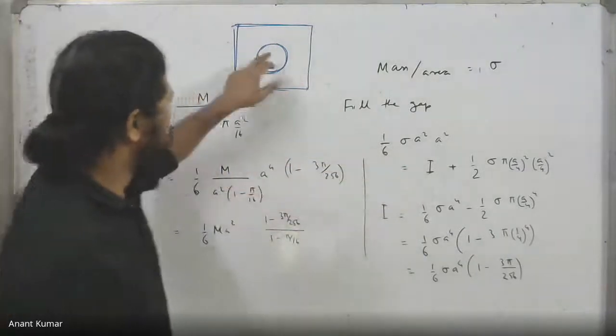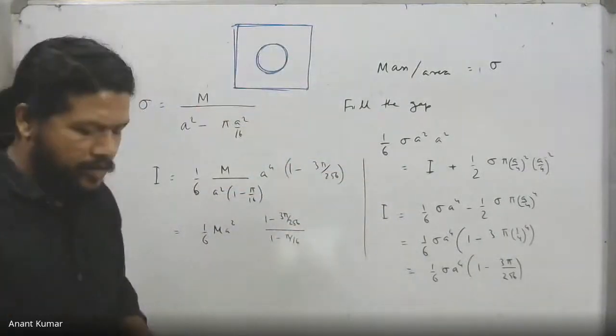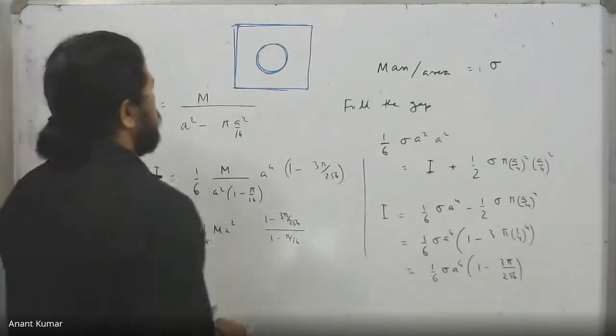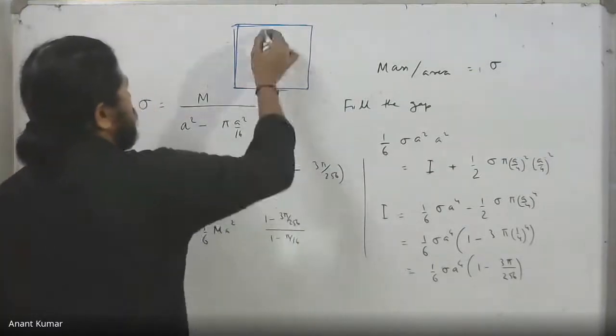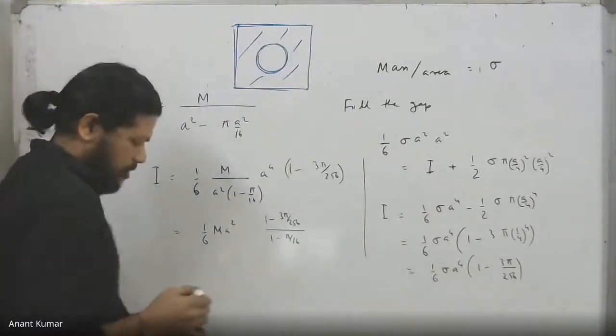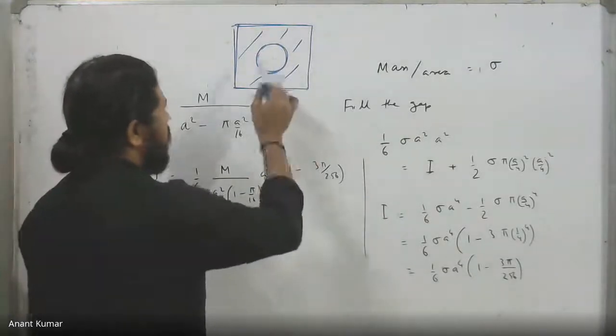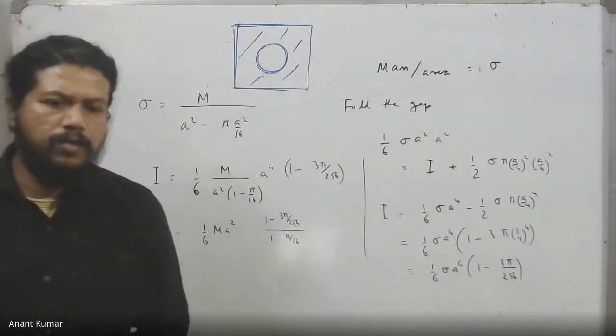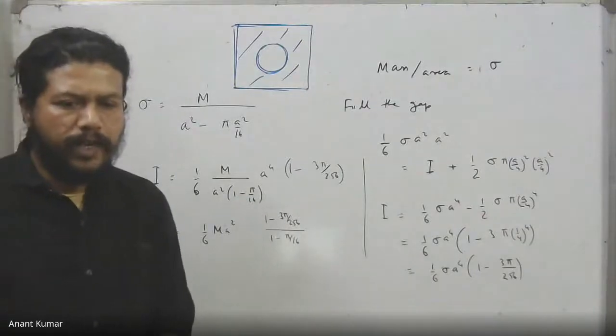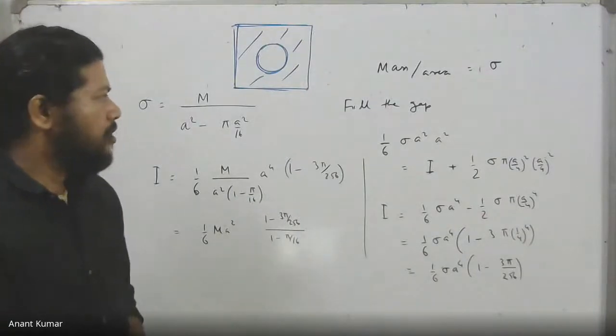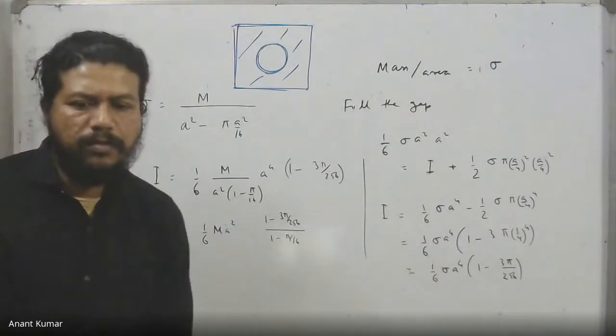I, which is the moment of inertia of the actual object that I'm looking for, whatever it is I'm looking for, that is I. To this, I add the moment of inertia of this circular plate. Now, I have taken sigma as mass per unit area.